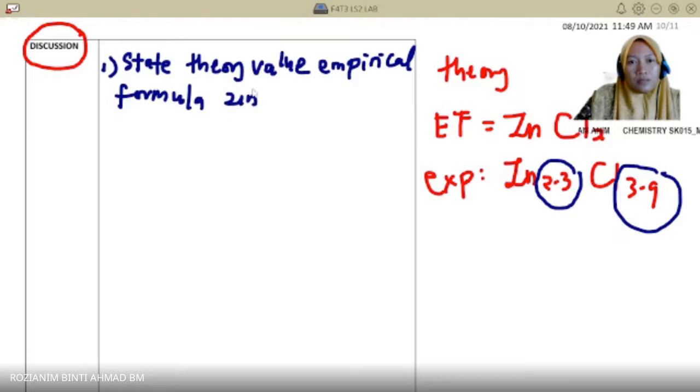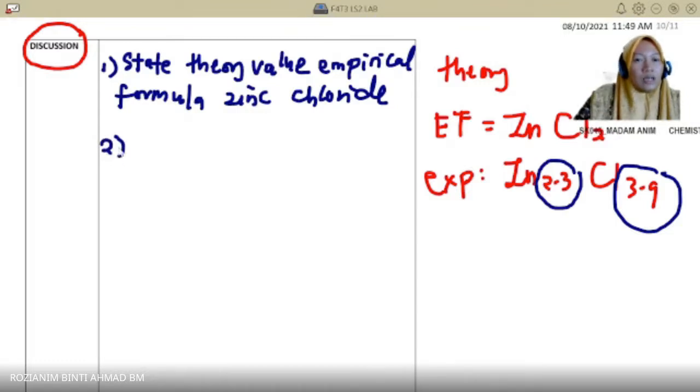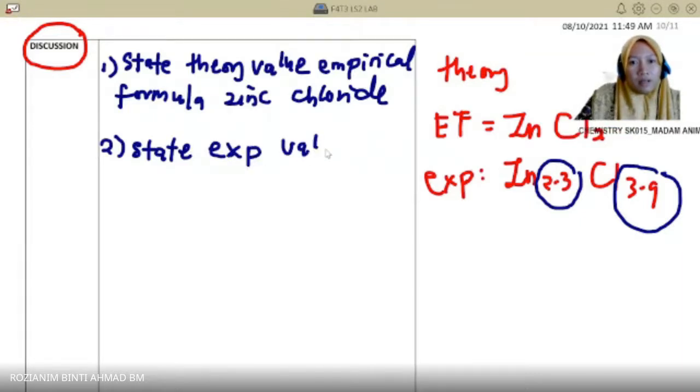Okay, of zinc chloride. Okay, nyatakanlah. And then discussion nombor 2, I want you to state the experiment data ataupun experiment value which is the empirical formula of zinc chloride tu.